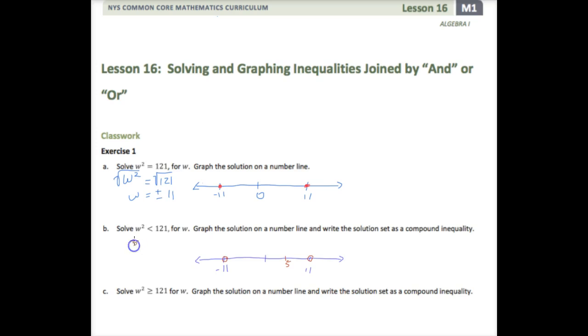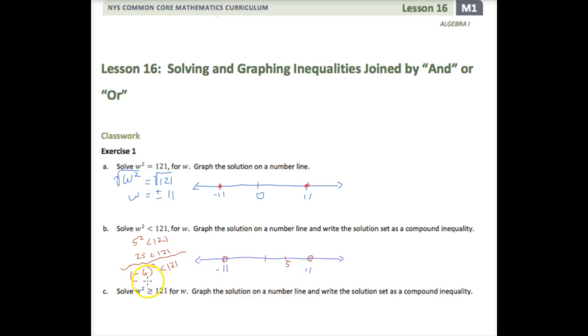5 squared is less than 121. Well, yeah, 5 squared is 25, which is less than 121. If I change that to, say, negative 6 squared, is that less than 121? Let me divide this.